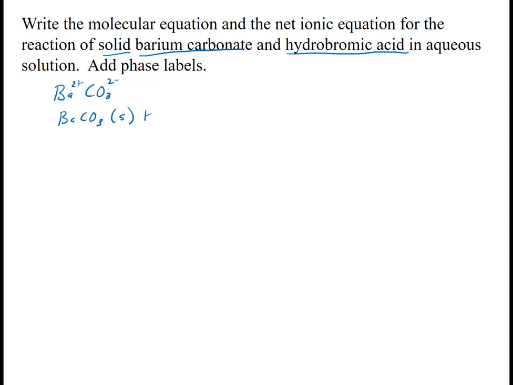So the hydro means that it's just 2 elements with hydrogen. So this is going to be H plus and Br minus, so it's HBr, and it tells me that's a solution, so that's aqueous.